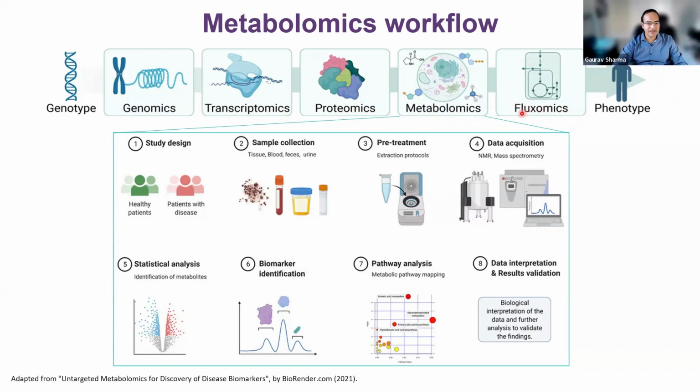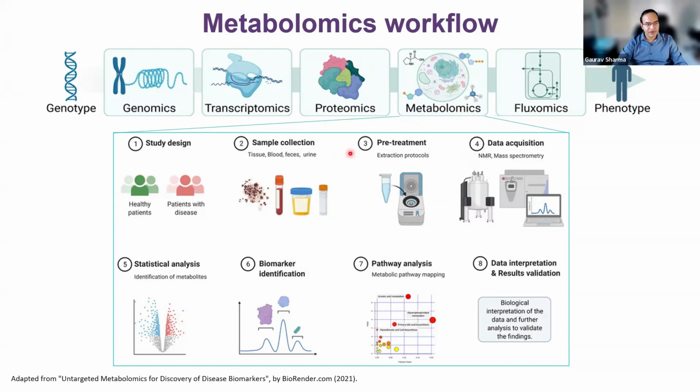This is considered a relatively new domain, and then the phenotype. As you can see, metabolomics and fluxomics are closer to the phenotype. Besides metabolomics and fluxomics, all of these tell us about what could happen, and metabolomics and fluxomics tell about what has already happened.